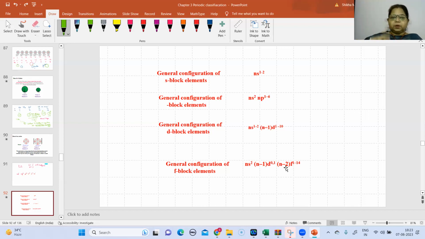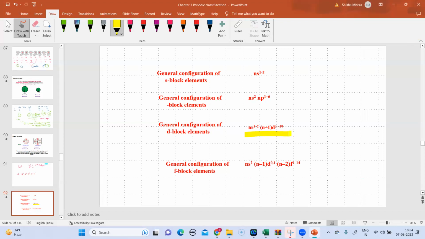For P block, we did it as ns2 np1 to 6. For D block, we said the electron enters into the penultimate d orbital. Is this point clear to all of you? That where is the electron entering? In case of d electrons, d orbital. Yes or no?